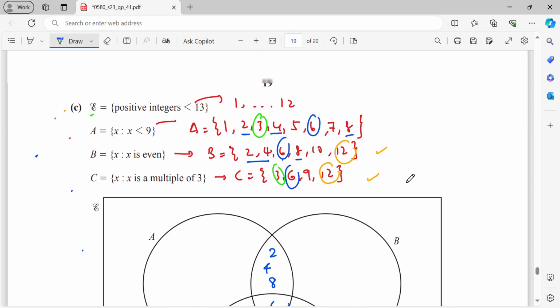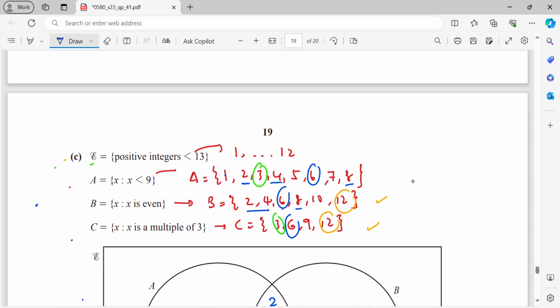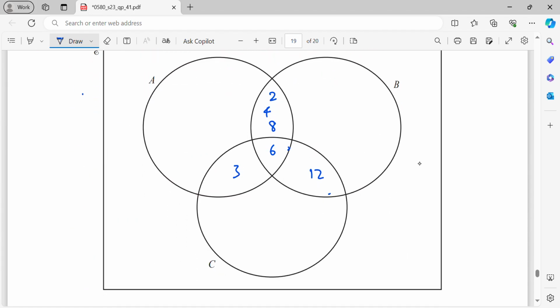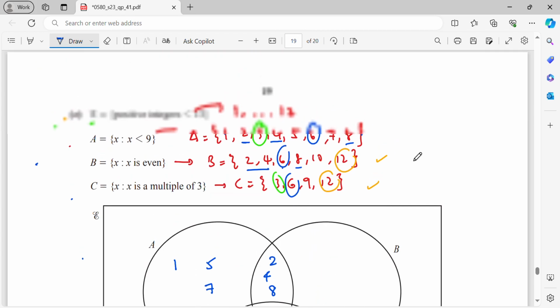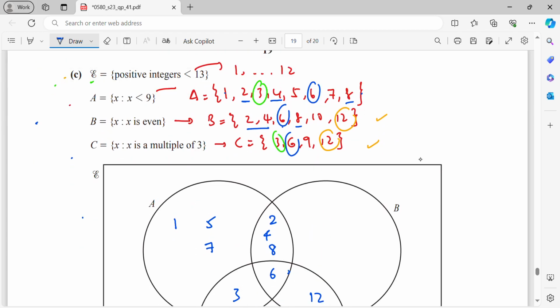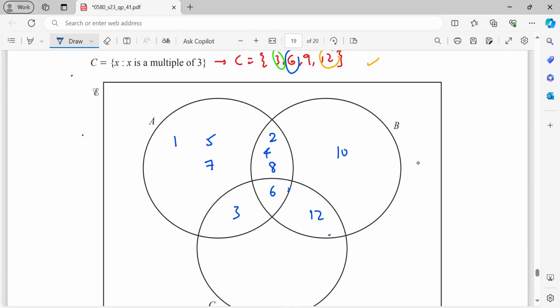Okay, now I will start labeling the A. The A will be 1 until 8. So here I already have 2. So it means that I add on 1, 3, 4, 5 is not there, 6, 7, 8. That's it. Now B, even numbers. So 2, 4, 6, 8 already done. Just add on the 10. Then for the C, the 9 is not yet labeled.